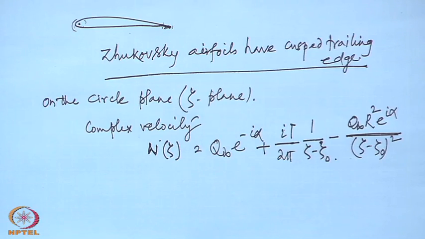What will be the velocity on the airfoil plane, the z plane? Our transformation is z equal to a function of zeta.